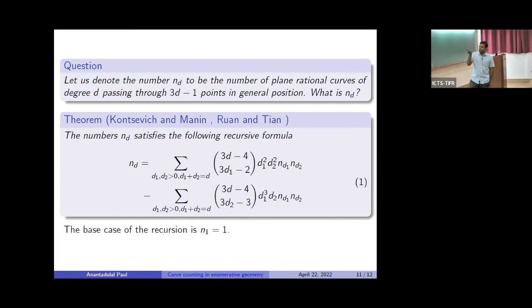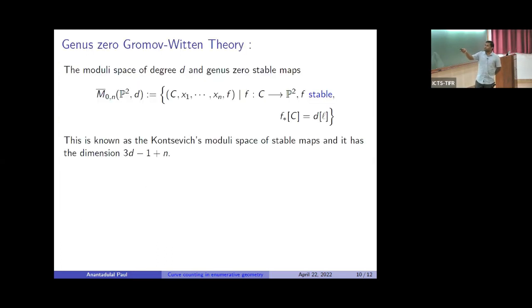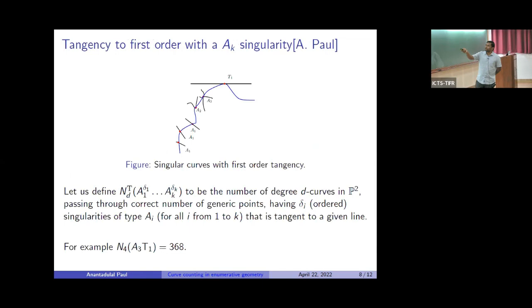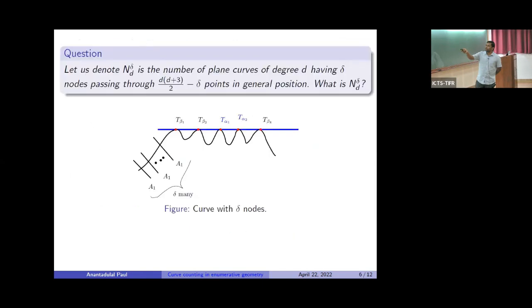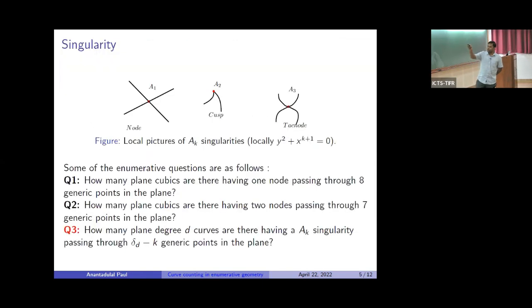For example, let's look at d equal to 3. I haven't written down the numbers, but for d equal to 3, this recursion will give you 12. And in the earlier setup, the answer for question 1 is also 12. So let's say this is your number of cubics through an A1 singularity.